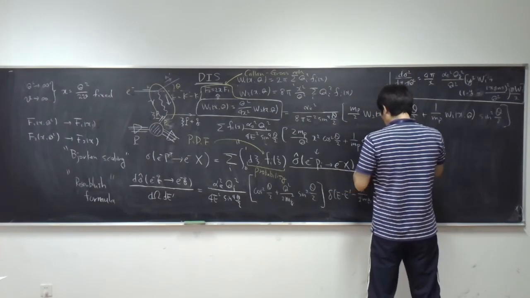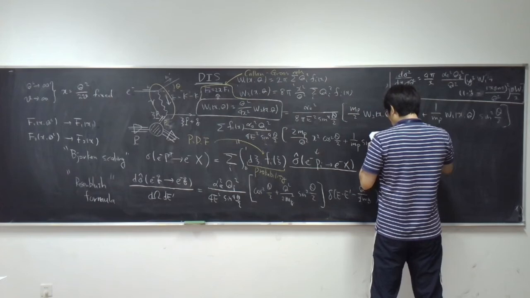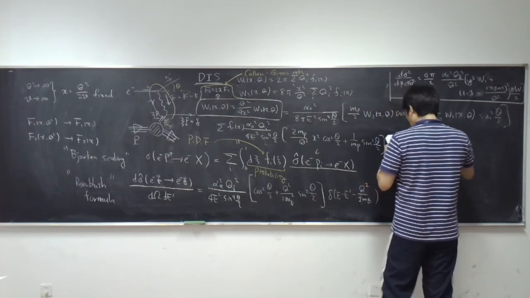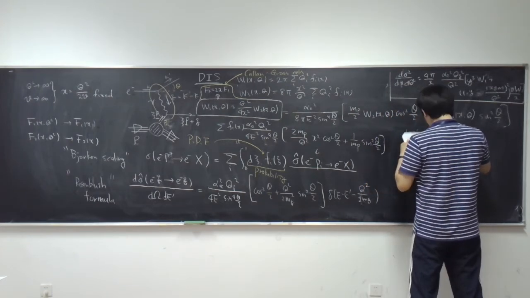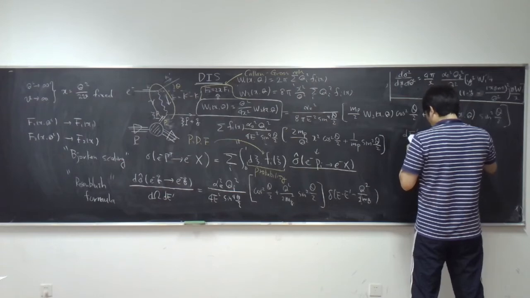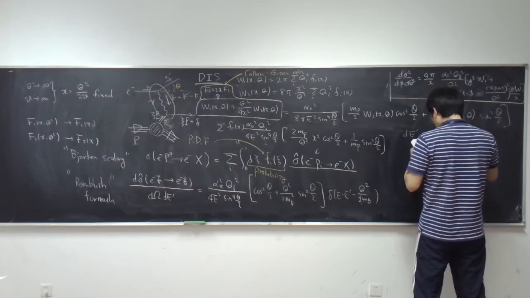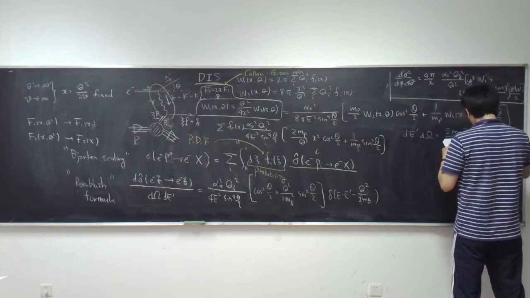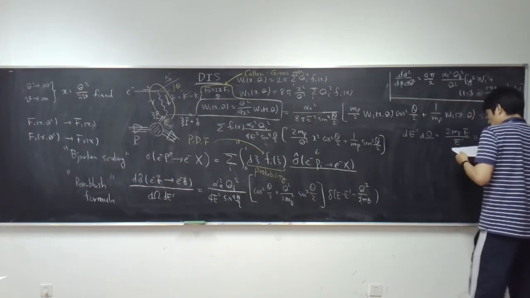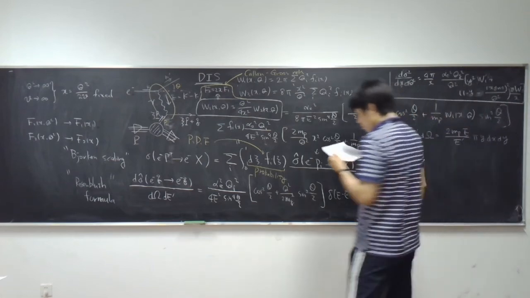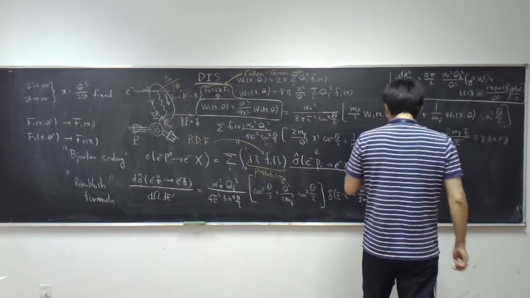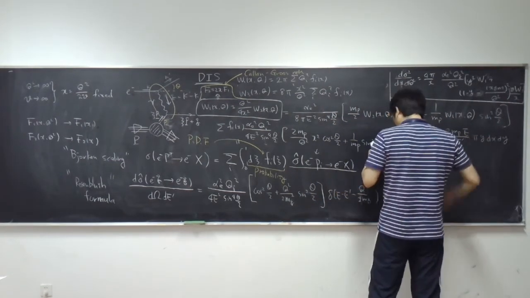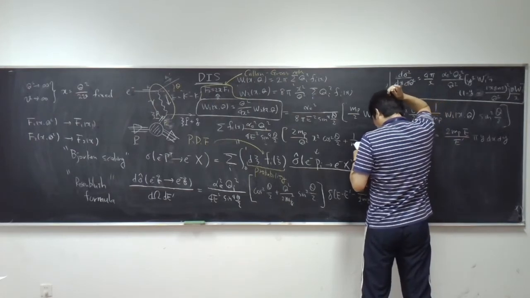One can show that this dE prime d omega can be written in terms of 2 M_P E divided by E prime, dx dy, where x and y I already introduced before.